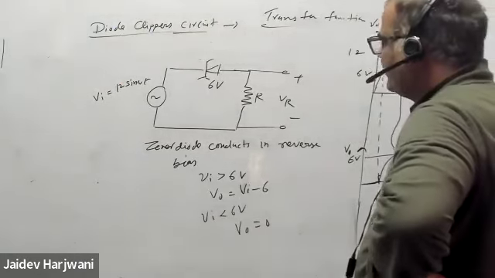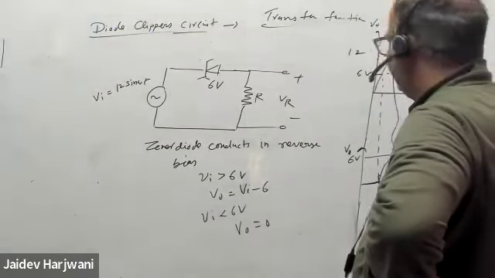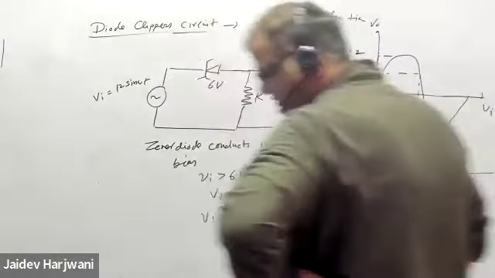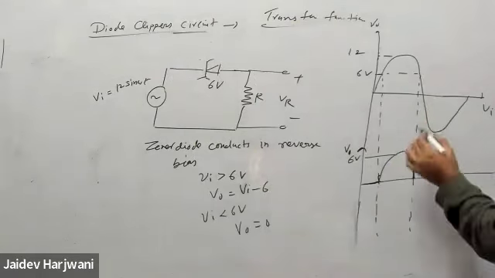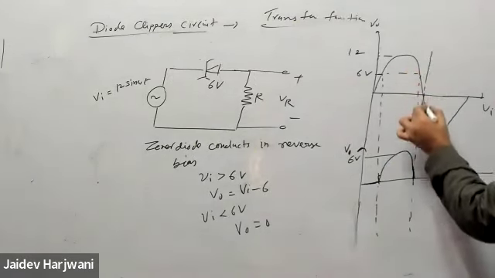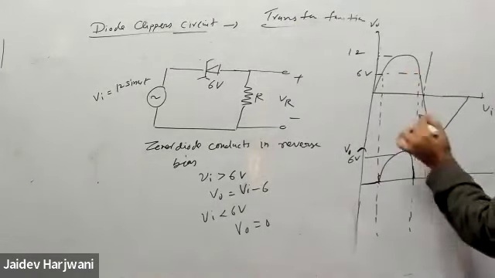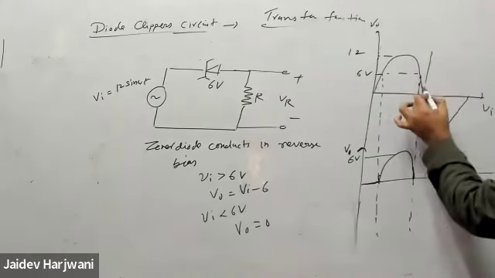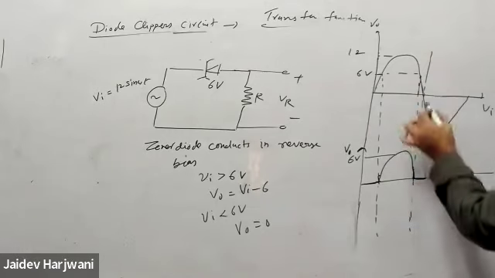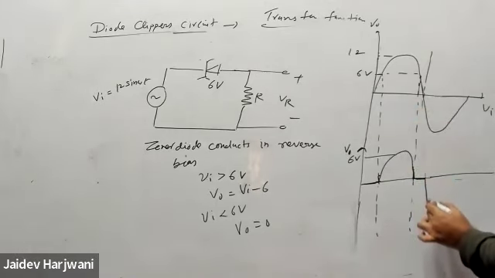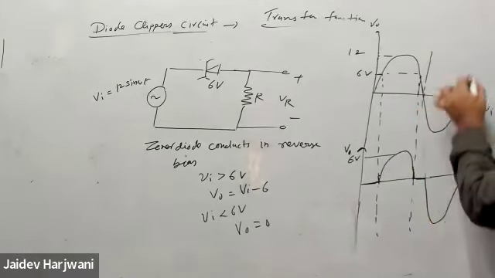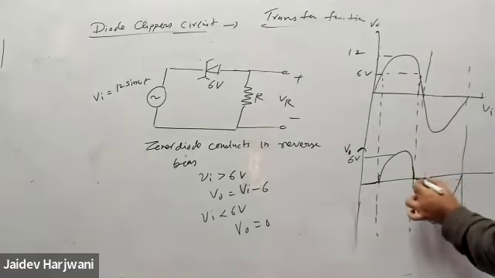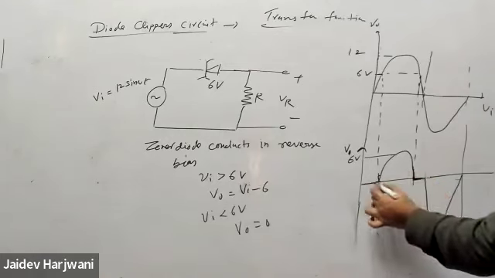So it will come exactly the same. Up to here you're getting 0, and after this part it will come exactly like this. Yes or no? Why? Please repeat.